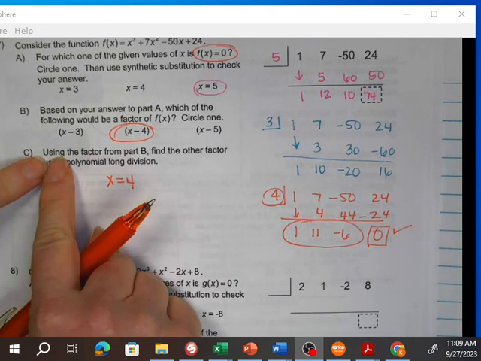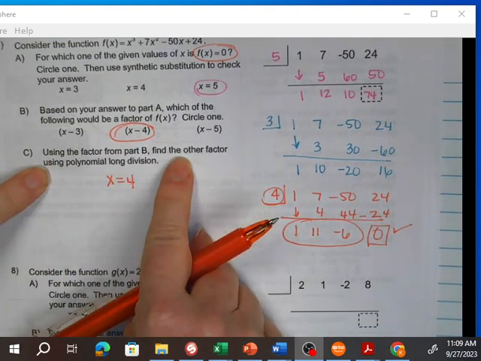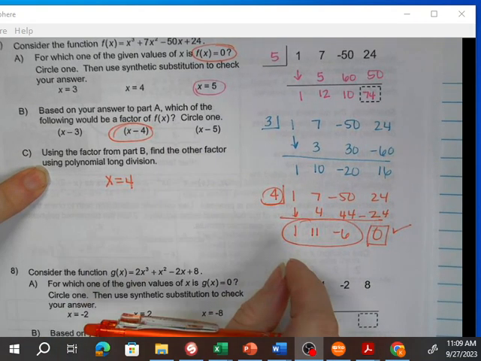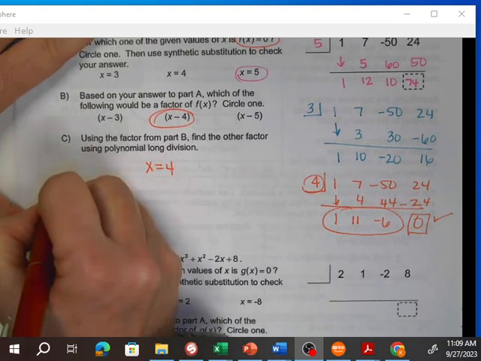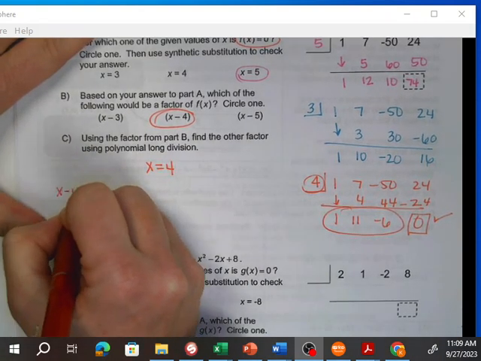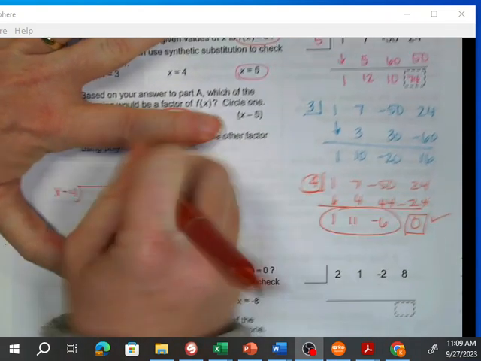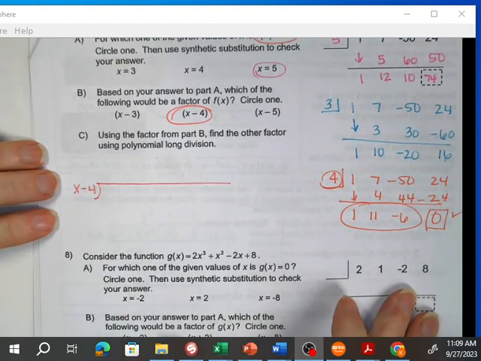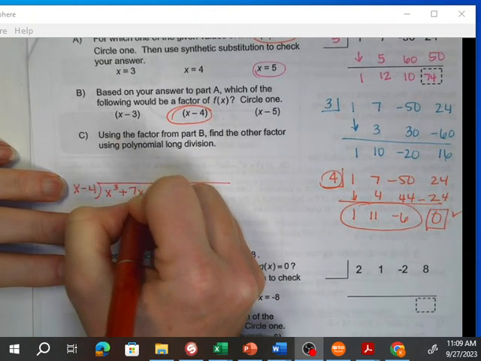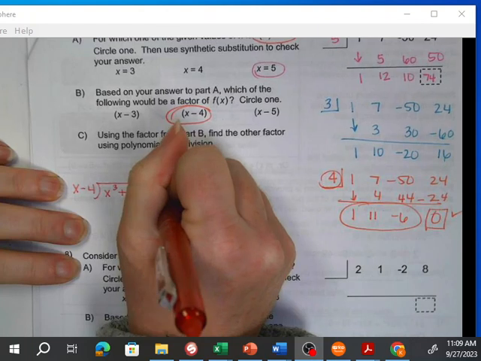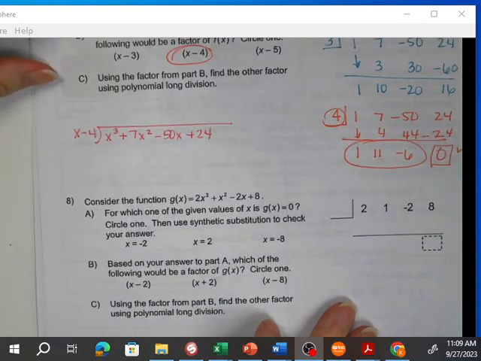Then it says use the factor from part B to find the other factor using polynomial long division. Okay, so I now know that x minus 4 is a factor. So I'm going to set it up with my polynomial underneath: x cubed plus 7x squared minus 50x plus 24. And now I'm going to long divide like we were just doing.